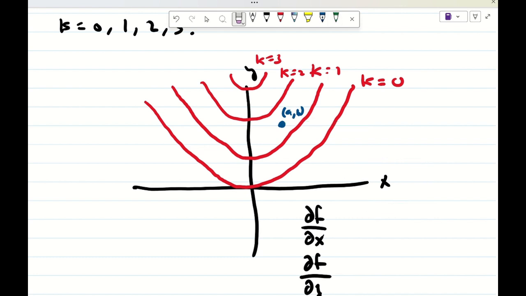And since we said we would be going downwards, this would give me an insight that the partial derivative would be negative. And if you're going upwards, that means you're increasing your y values, letting us know that we're working with a partial derivative of f with respect to y. And we said that if we're going upwards, we would be going up in our three-dimensional graph. So that would give me some insight that the partial derivative would be positive.